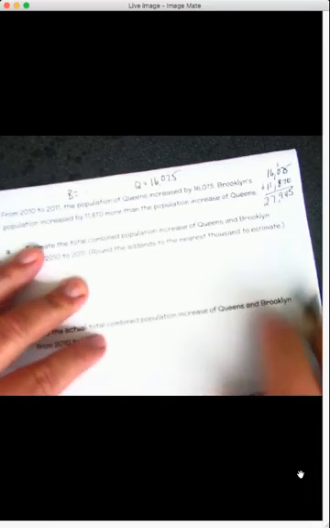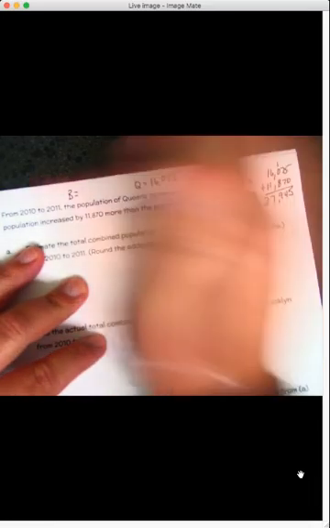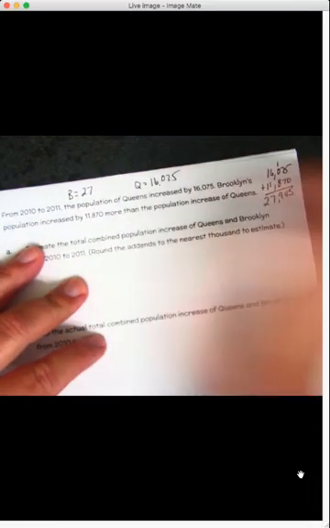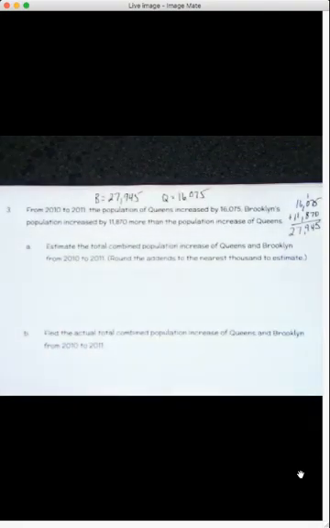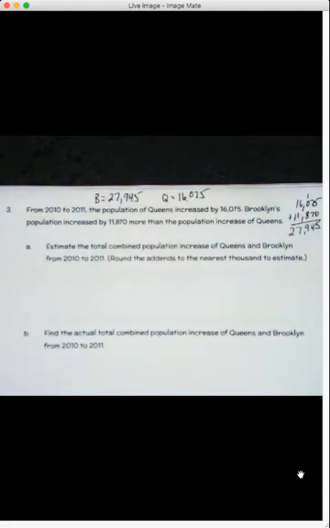So Brooklyn, I'm going to write it over here. B for Brooklyn, Brooklyn's population increased by 27,945.